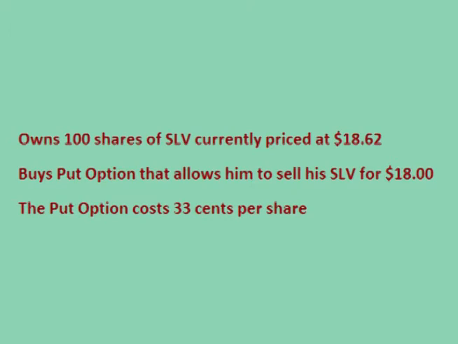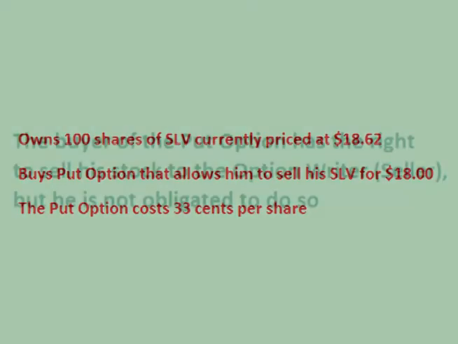He buys a put option for $33 total, locking in the right for him to sell that stock for $18 a share any time between the time he purchased the option and the time the option expires in a month, should the price drop. So for $33, he has locked in the right to sell his SLV for $1,800, effectively placing a floor on the amount he can lose.